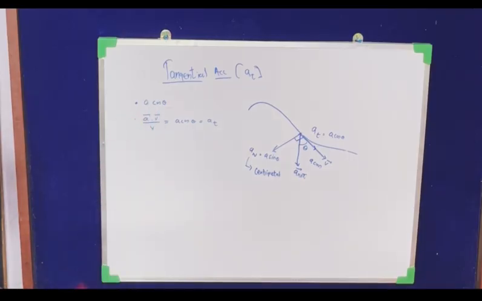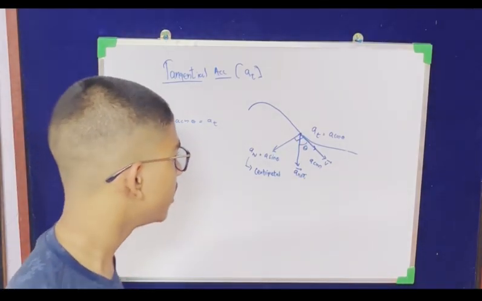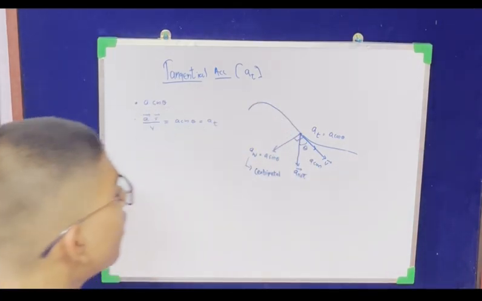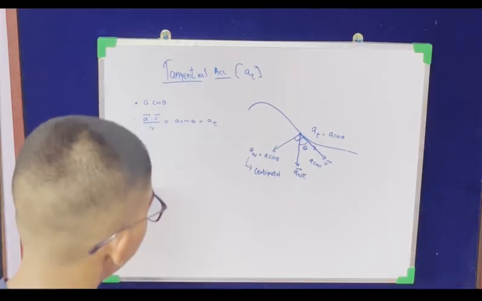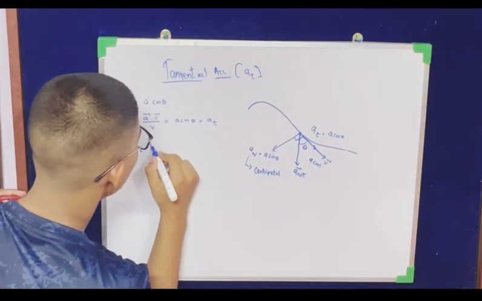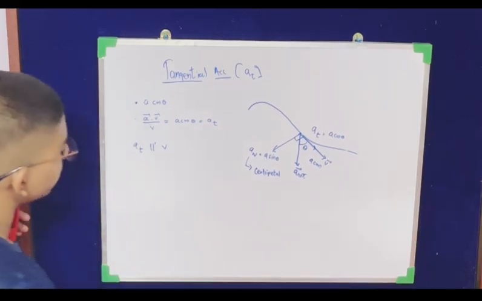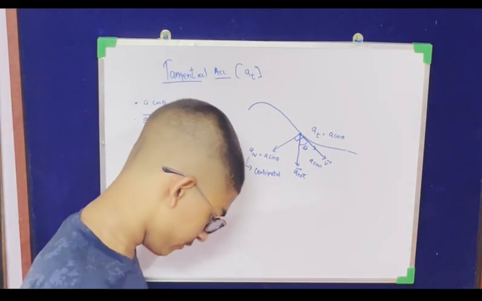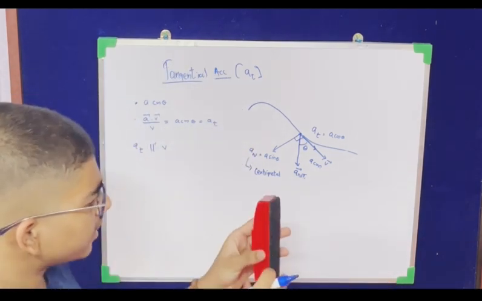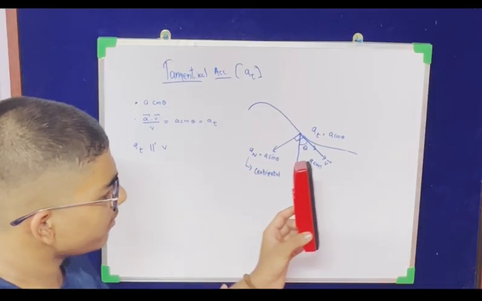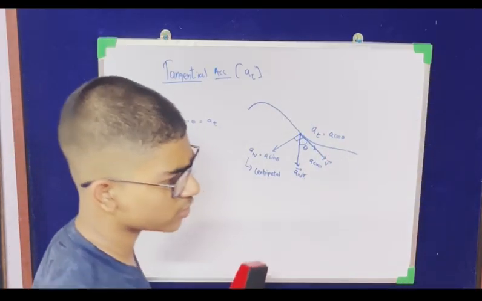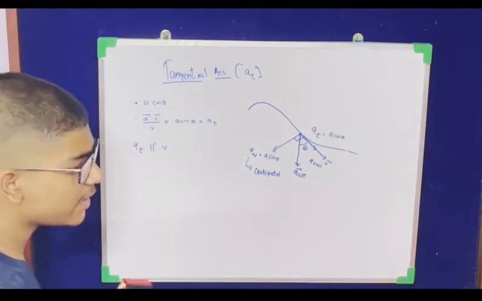Now let us understand the function of tangential acceleration. Tangential acceleration changes the magnitude of velocity, or speed, as in this case tangential acceleration is parallel to the velocity. We can imagine this with a duster moving with a certain velocity, and I push it further in the direction of velocity. What will happen? The speed will increase.